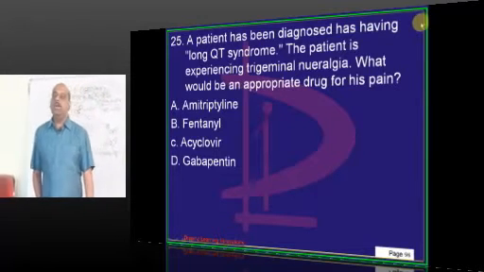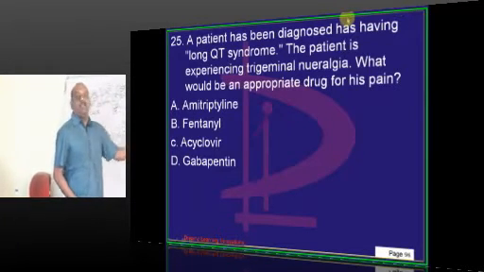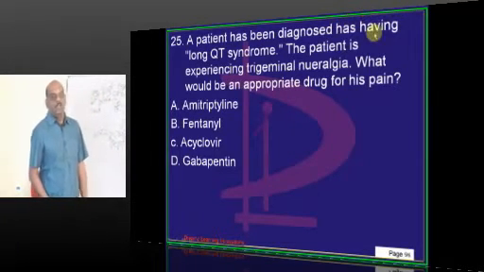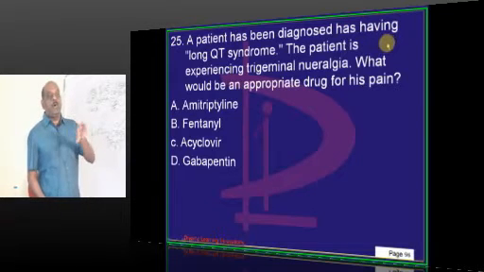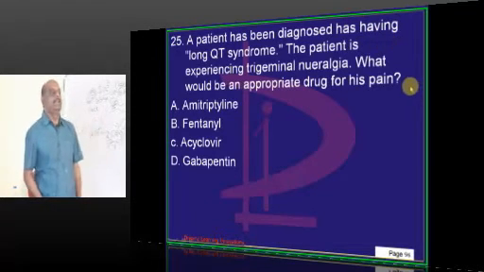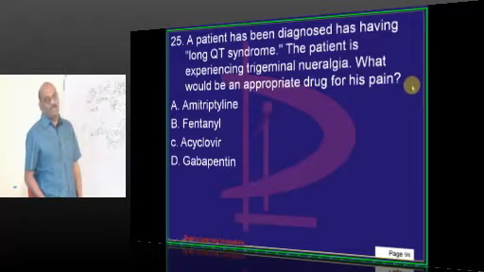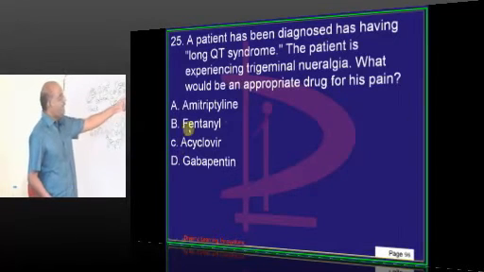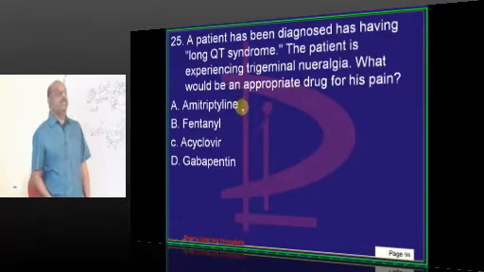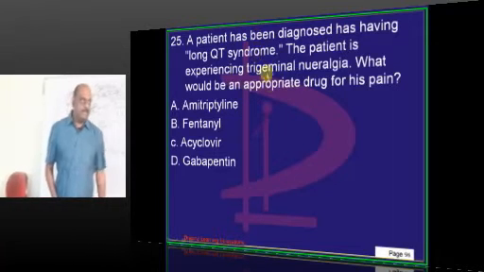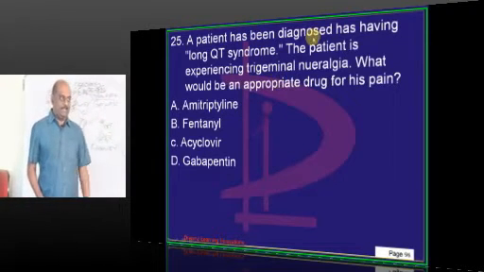Patient is having long QT syndrome. He is having trigeminal neuralgia. So what drugs will precipitate polymorphic ventricular tachycardia, torsades de pointes, in long QT syndrome? The list you have to be very sure. So Dr. Amitriptyline, which is basically what? Tricyclic antidepressant, which has got anticholinergic properties.